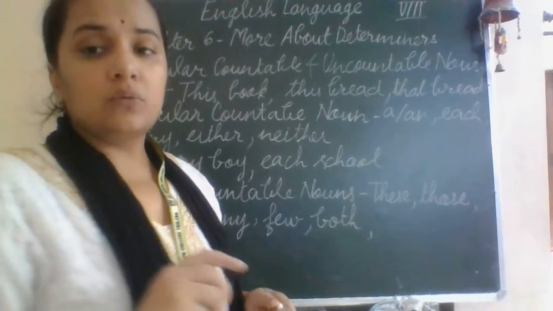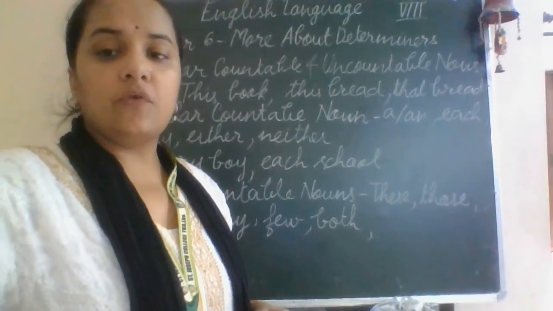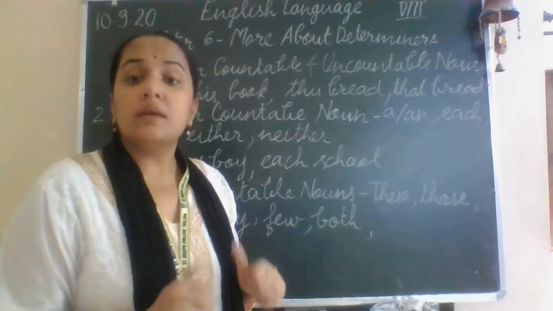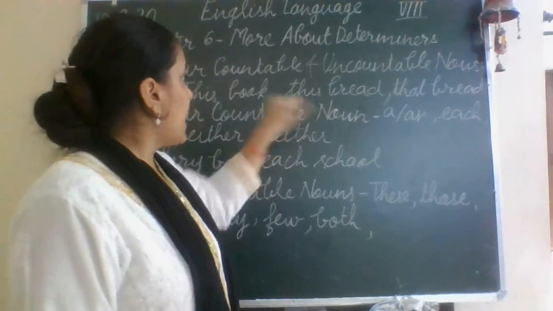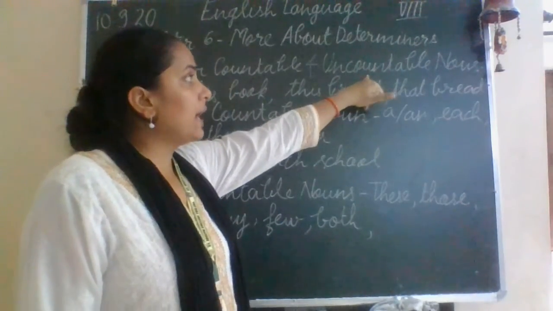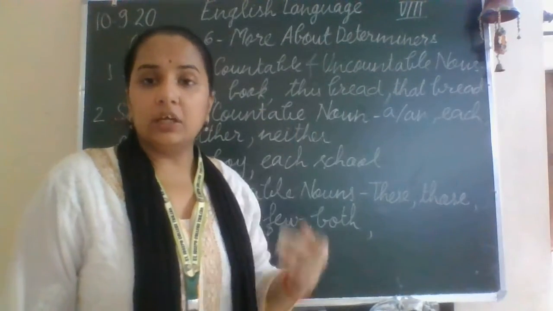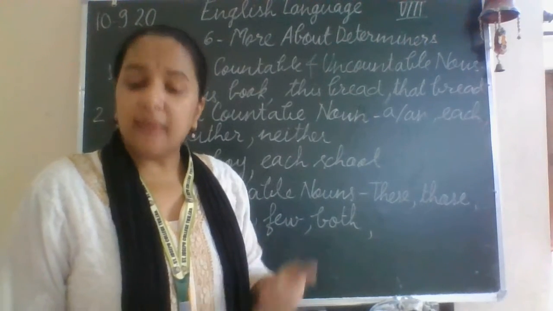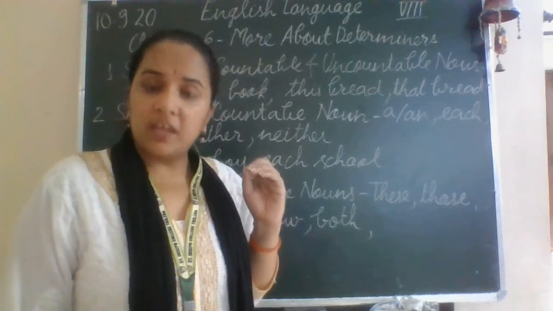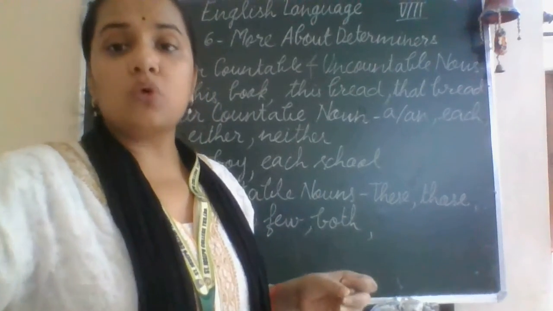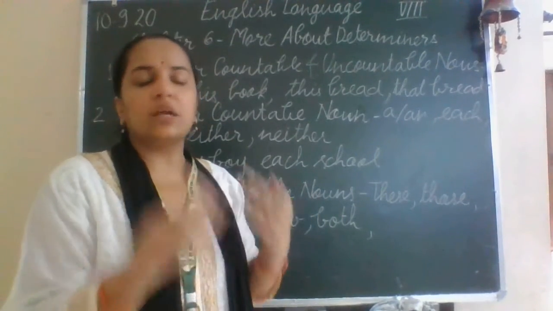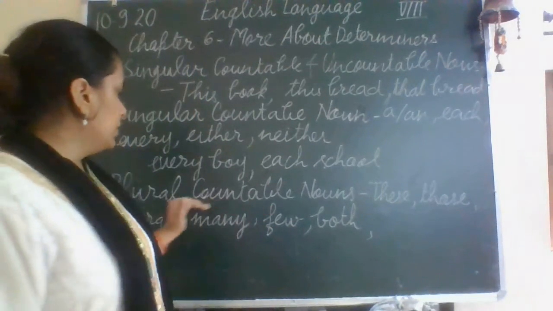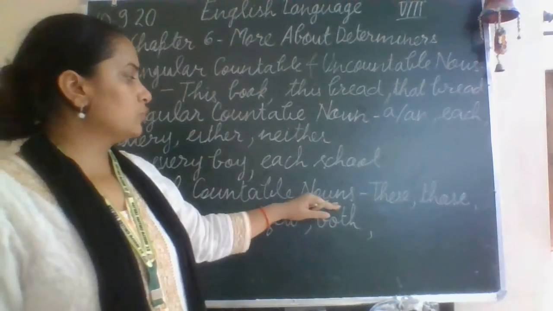Why not the uncountable? We cannot use them for the uncountables because we cannot determine the number. This and that we can use for the uncountable, because whenever we need to indicate something, there has to be some pronoun. That is why. But when we cannot determine things in terms of numbers, these can be used only for the plural countable noun.